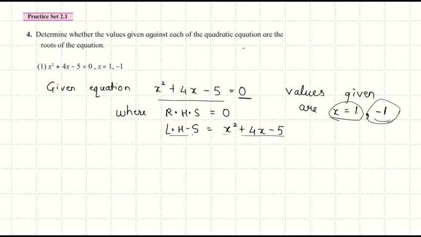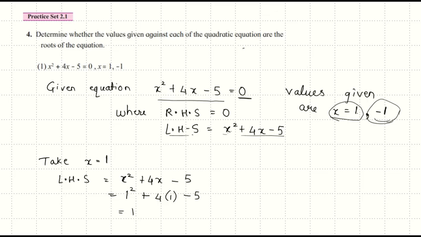I will solve it further. Write down the LHS first. As we have two values given, x is equal to 1 and minus 1, first we will take x is equal to 1. Put this x is equal to 1 in LHS. LHS is x square plus 4x minus 5. Put x is 1. 1 square plus 4 into 1 minus 5.